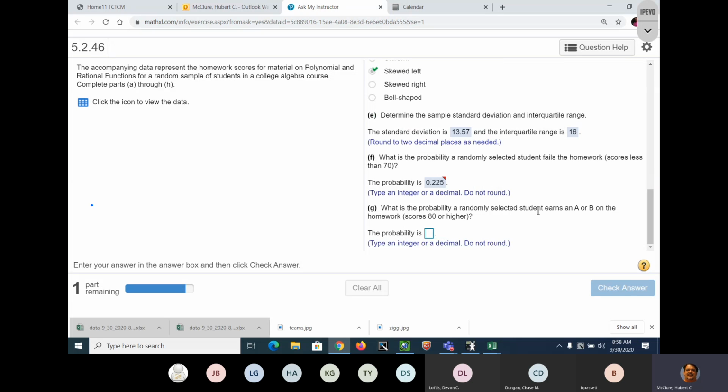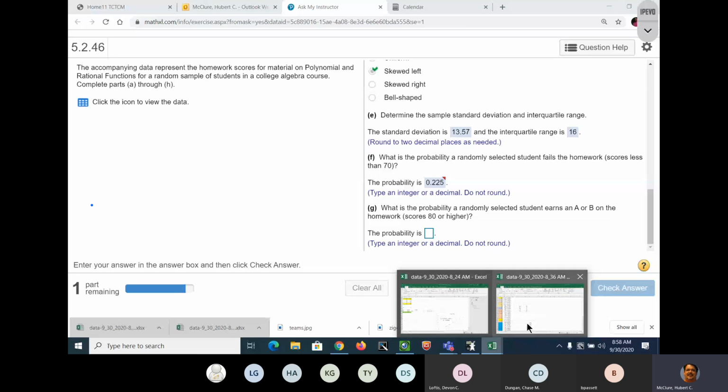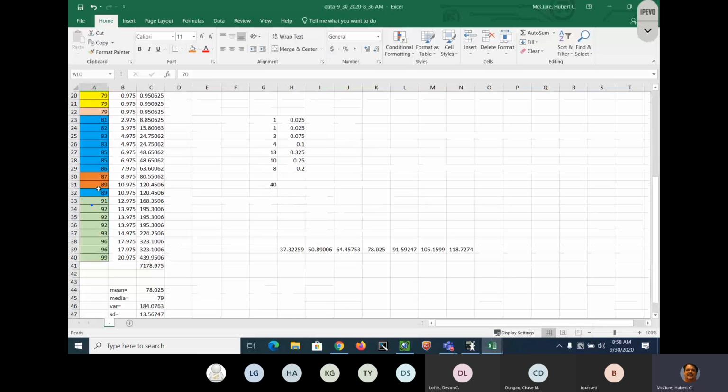What is the probability randomly selected earns A or B? Scores 80% or higher. Well, you would have to actually go back here, 80 or better.